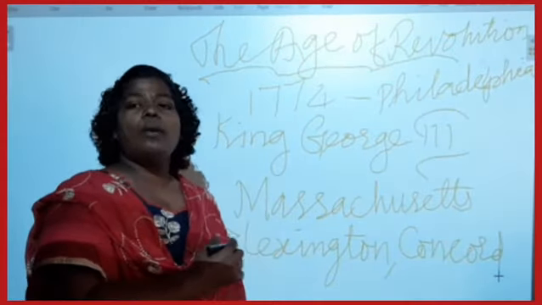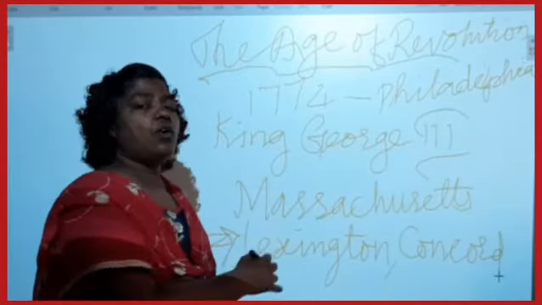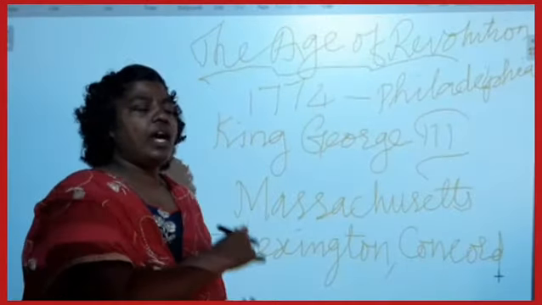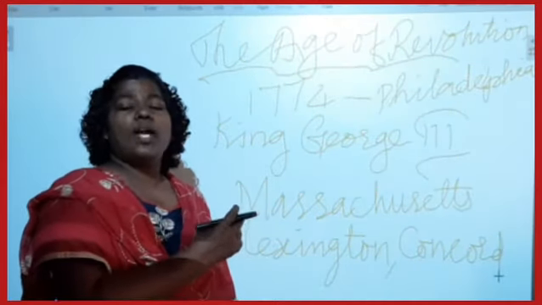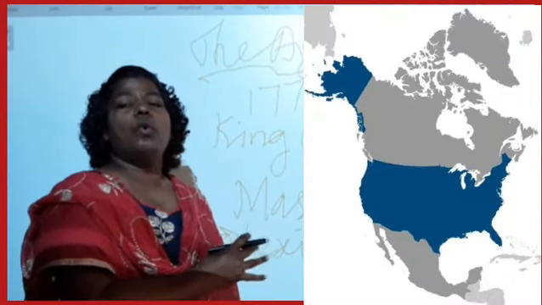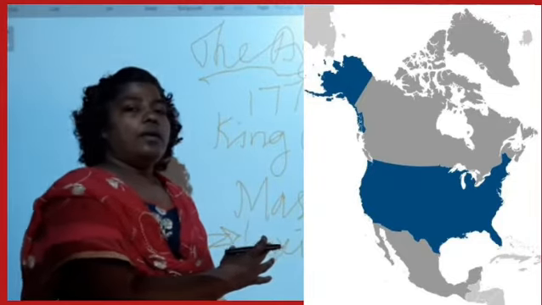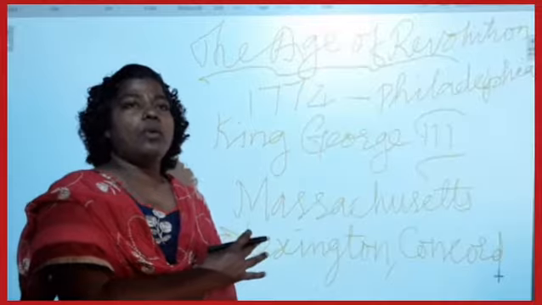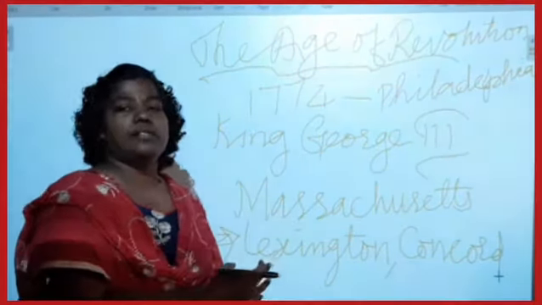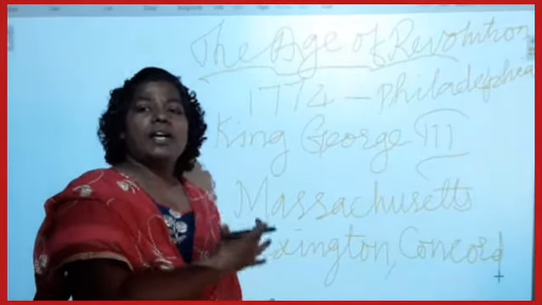These 13 colonies came under the United States of America. In about 200 years, the United States became more powerful economically and politically. It became the role model for other colonies to fight against their motherland.